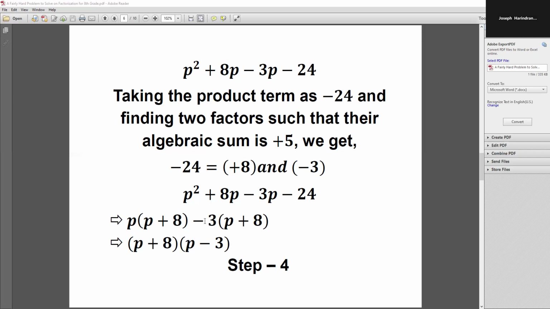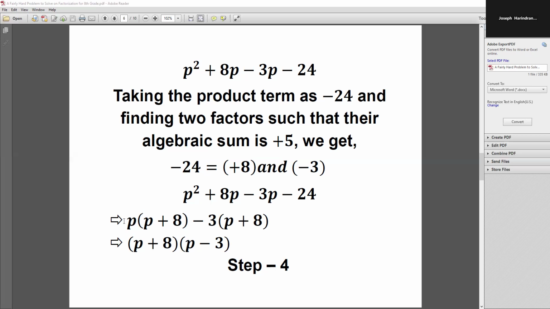It was minus 24, we have taken minus 3 outside, so it becomes plus 8 within brackets. This is a very important rule called the bracket rule. When you take a negative sign outside, the sign inside the bracket will change.